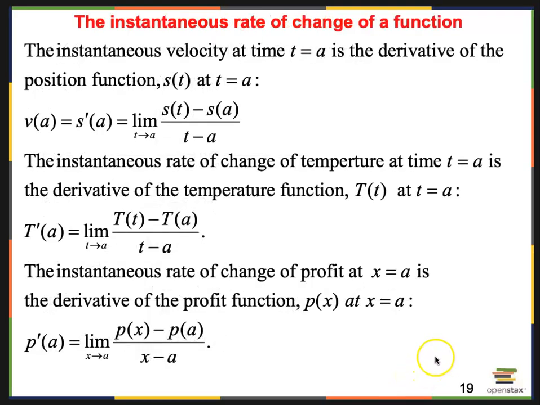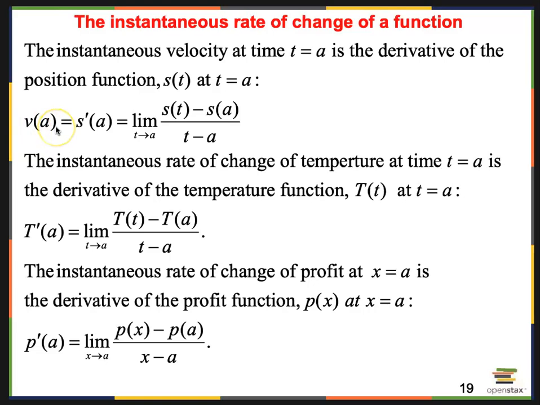Instantaneous rate of change. That's what we're finding here. The derivative is an instantaneous rate of change at time t equals a, the derivative of the position function s of t, used a lot in physics and many sciences. So we're just going to use some different variables.